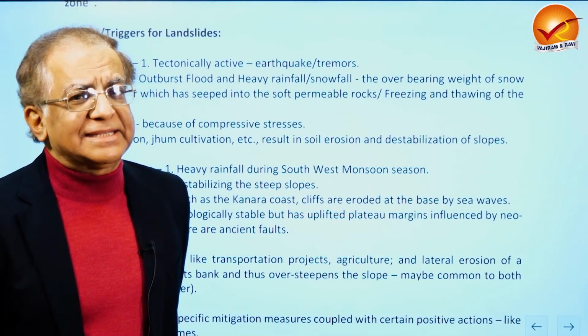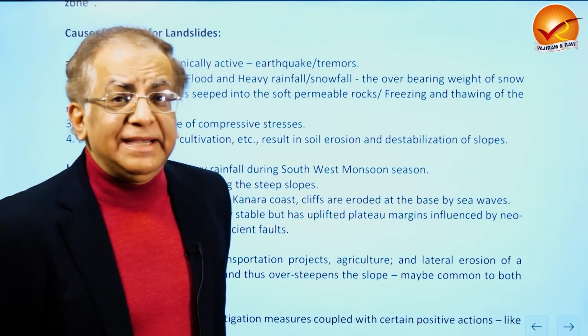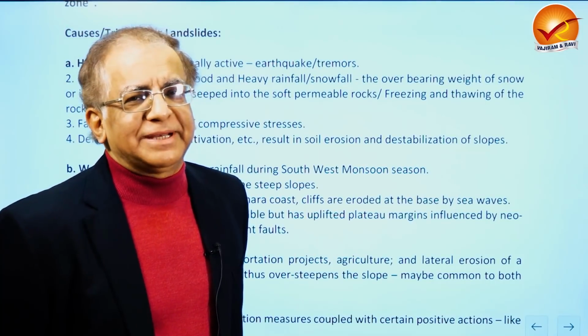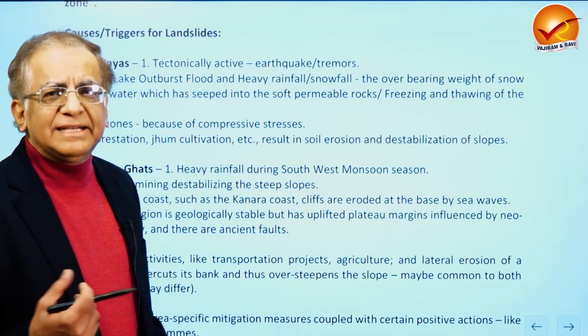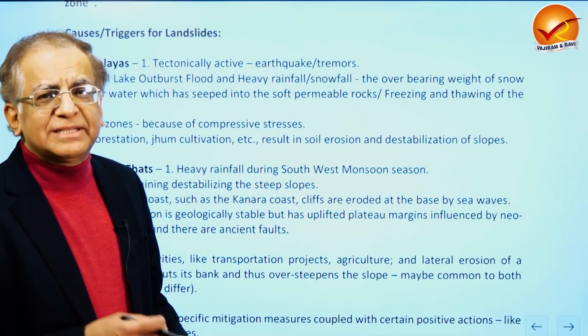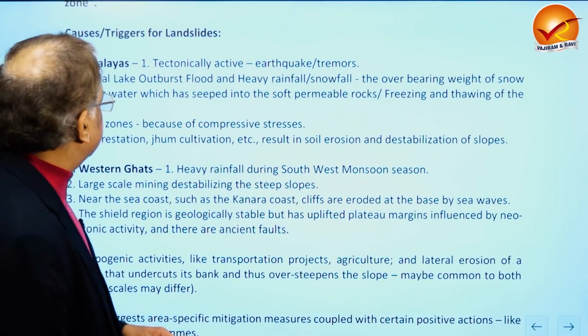They have a youthful landscape, and because of this, they are prone to earthquakes. So any tremor in the Himalayas could become a reason for a landslide, because a tremor may disturb that delicate balance between gravity and the resisting force.